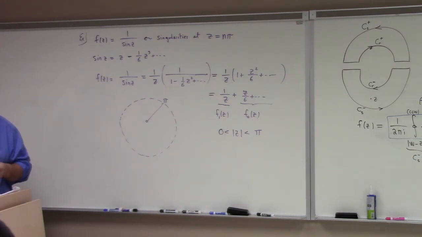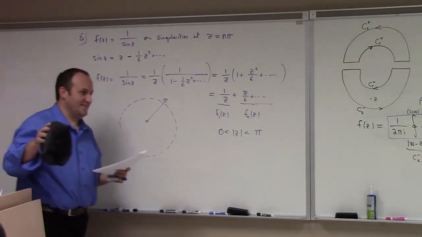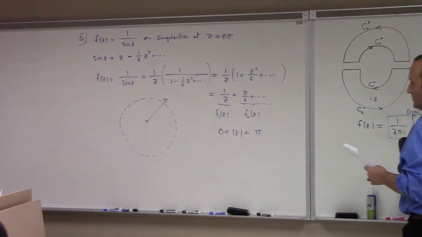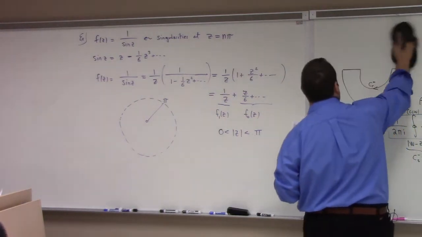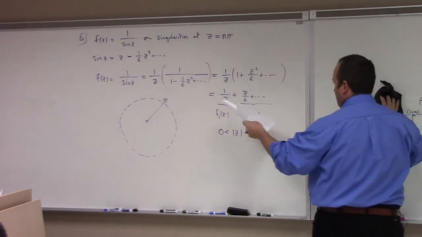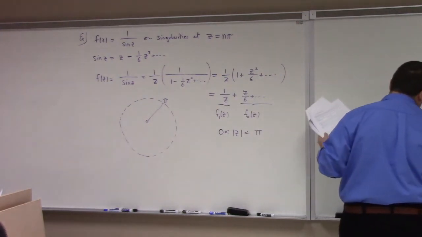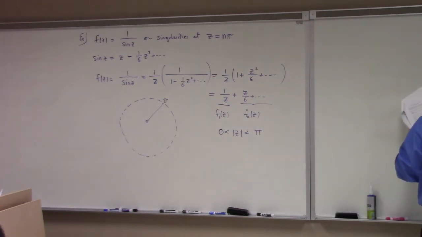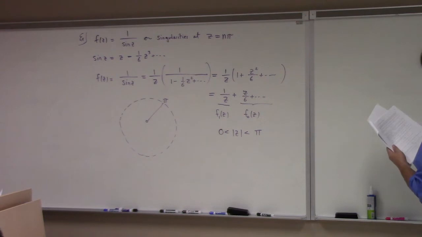Question? You seem like you have a question. Which one did you say was analytic? Well, you tell me. Which one of these expressions, 1 over z, where is that analytic? Yeah, for z not equal to 0, so that would be the outside of the inner circle here.